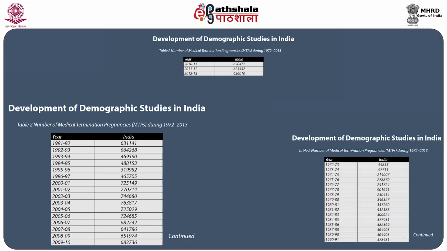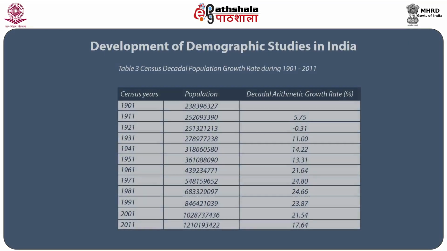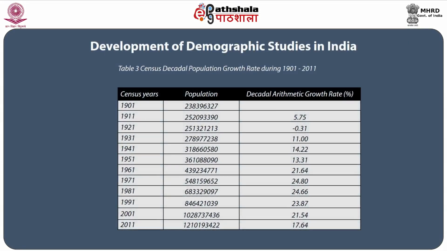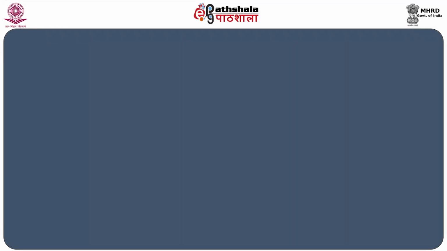And Table 3 is about the census decadal population growth rate during 1901 to 2011, which clearly indicates the changes that happened in the decadal arithmetic growth rate over a period of time and how it fluctuated in between, and now there is a specific negative trend in the speed at which the growth rate is occurring.